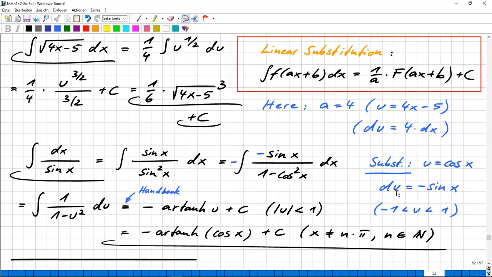If you do so, you must, on the other side of the equation, differentiate the term with respect to its variable. So I take the derivative of cosine of x, which is negative sine of x, and then I forgot to say, I must place a differential of this variable behind.